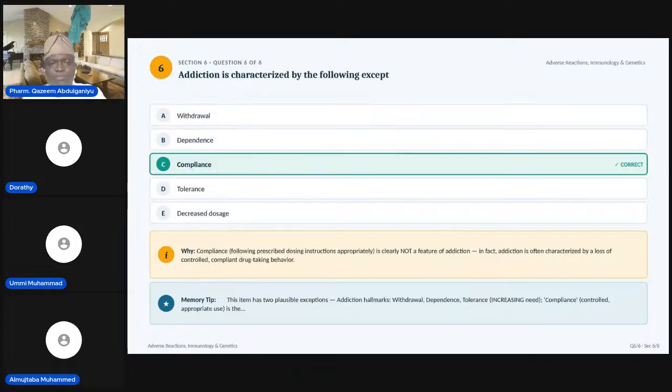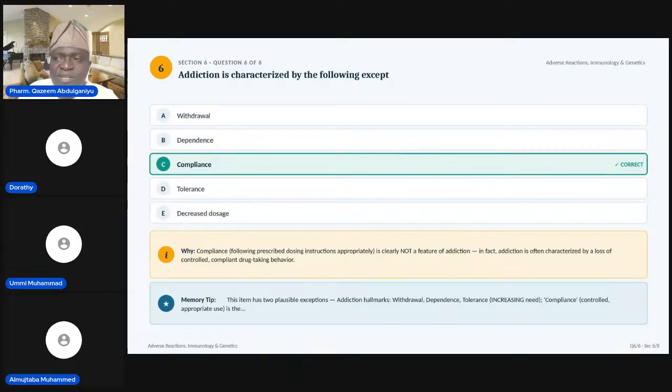The next one says addiction. Addiction is characterized by the following. Before you can say somebody is addicted to something, the person must be dependent on that drug. The person wants the drug every time before they can be all right.